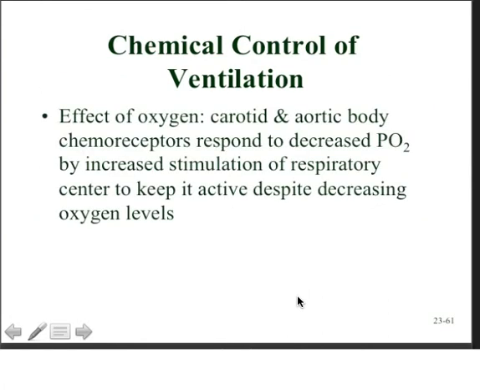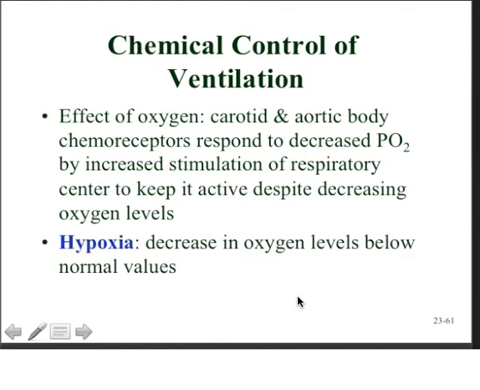How does chemical control of ventilation play a role? Well, oxygen, surprisingly, isn't nearly the driver of respiration you would think it is. But the carotid and aortic bodies do respond to decreased oxygen content by increased stimulation of the respiratory center to keep it active despite drops in O2 levels.